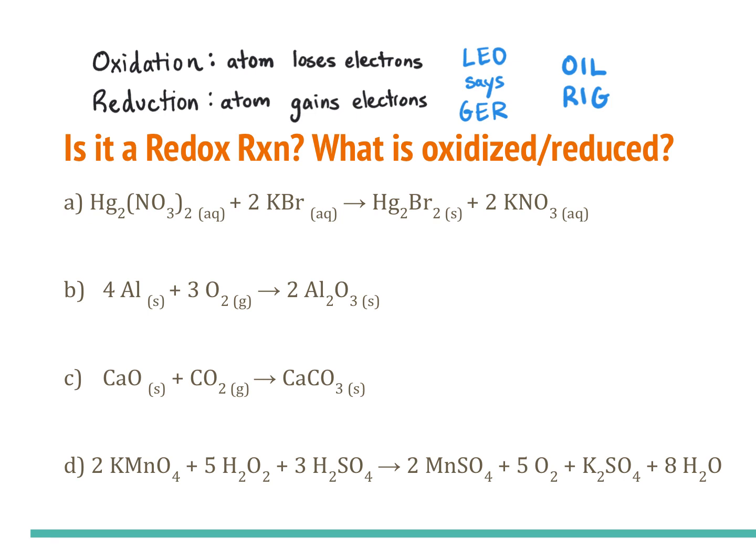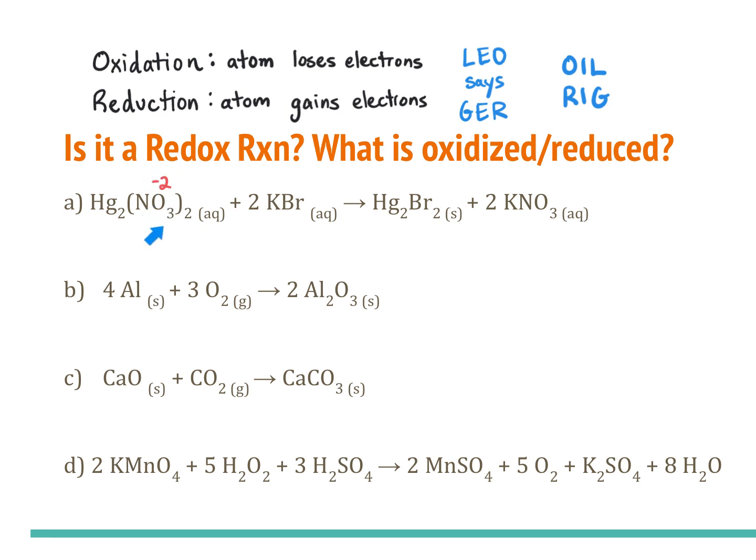So we'll start here with mercury nitrate. In this one, oxygen is where I'm going to start. I'm going to assume it has a -2 charge. That gives us a total of -6 from these oxygen. And the nitrate polyatomic ion as a whole must have a -1 charge because NO3 has a -1 charge.